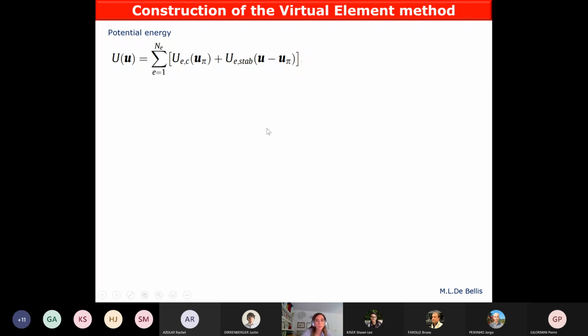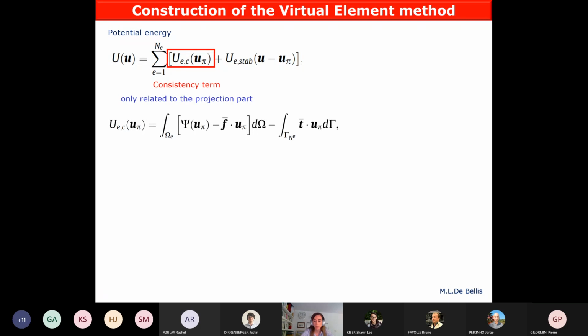So the first term is called the consistency term. If we only reduced our calculation to this part, we would obtain rank deficiencies in elements with more than 3 vertices. This is why the second part is required to stabilize the formulation.